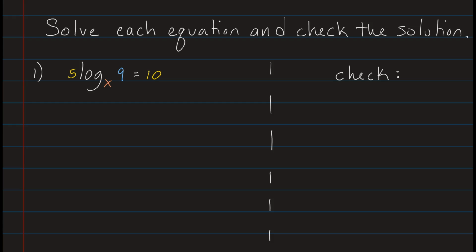Now remember, previously I said that the entire logarithm is the word log, the base, and the argument. So this is the entire log. The only thing not part of the log is the 5 in front. So you ask yourself, if I'm trying to isolate this log, what operation is happening between the 5 and the log?